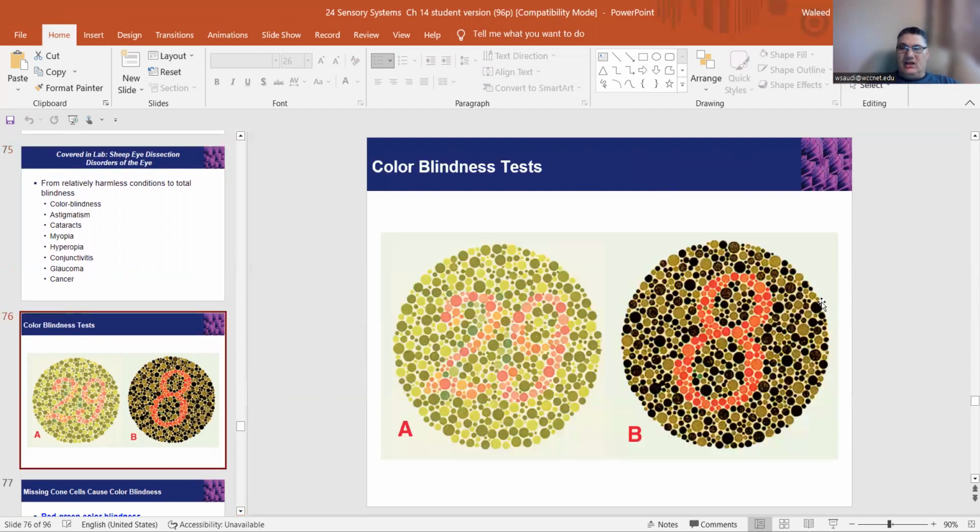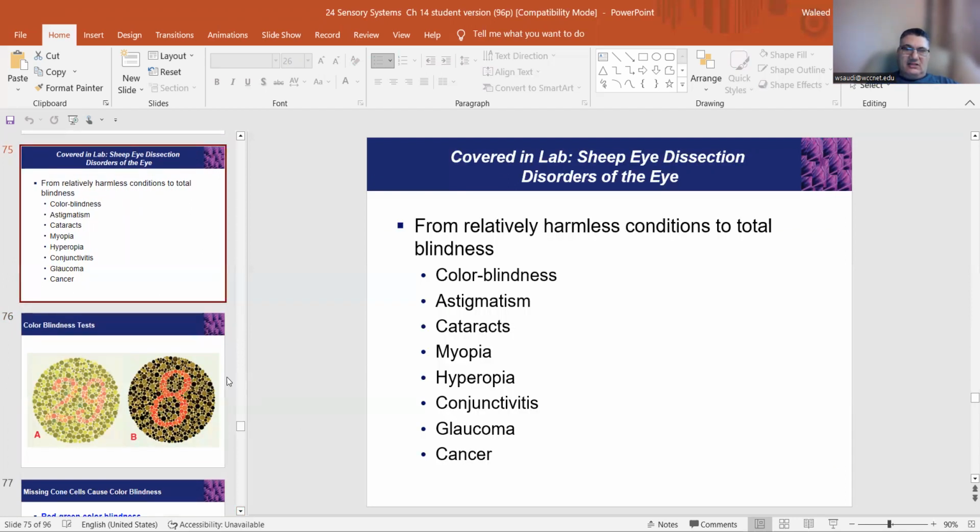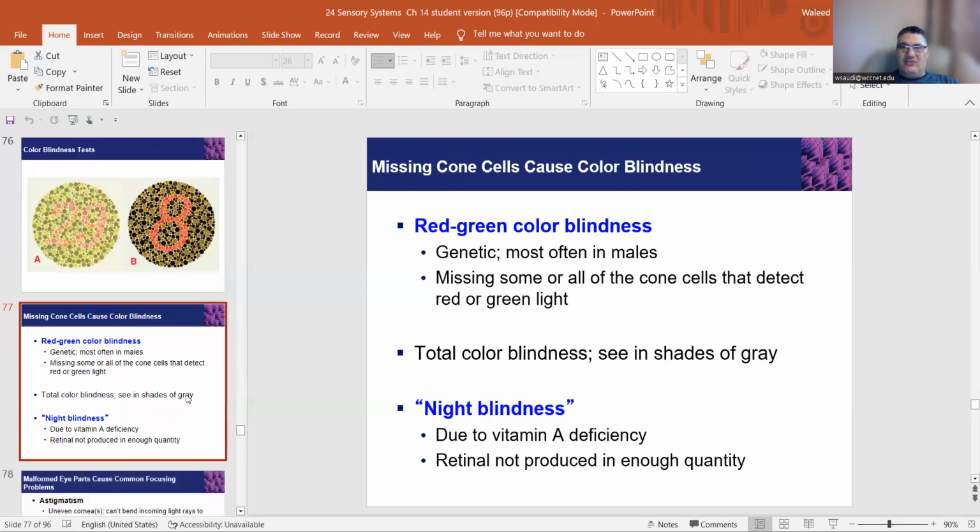I can ask you, what's the number here? You say there is no number. It means you have an issue with the red, and so on. It can be one or more colors. Astigmatism, cataract, myopia, hypermetropia, conjunctivitis, glaucoma, cancer. These are all different types of issues.